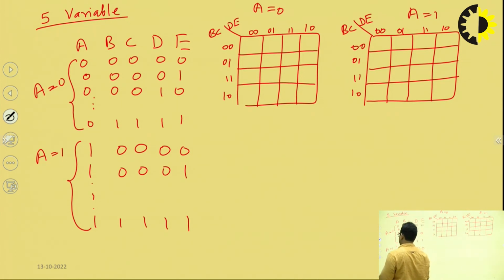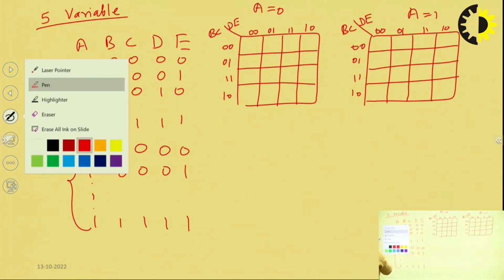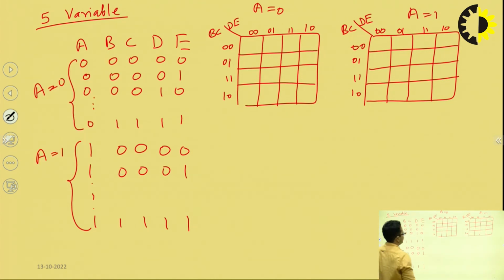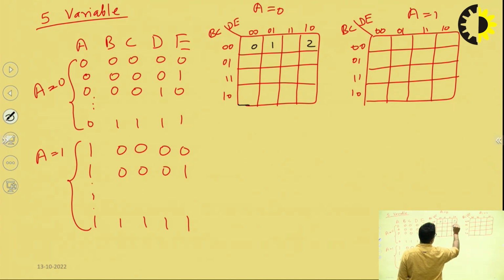Now the next thing is that we have to write the decimal equivalent value. So if we observe the pattern, we can see that this is 0, this is 1, 2, 3, this is 15.